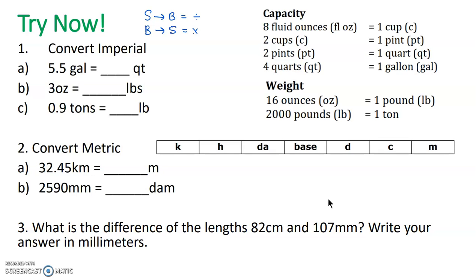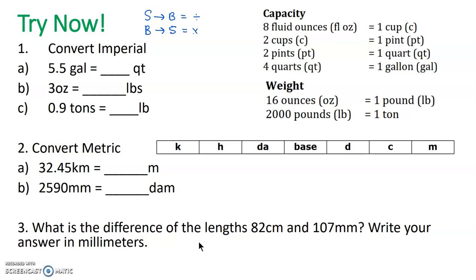The conversions that you need for imperial are right here, capacity and weight. For metric, you're going to use the metric line to slide up and down the line to convert A and B for question 2. And for number 3, you're going to use metric conversion to solve a word problem. So you can pause the video and play the video when you're ready to see the solutions.